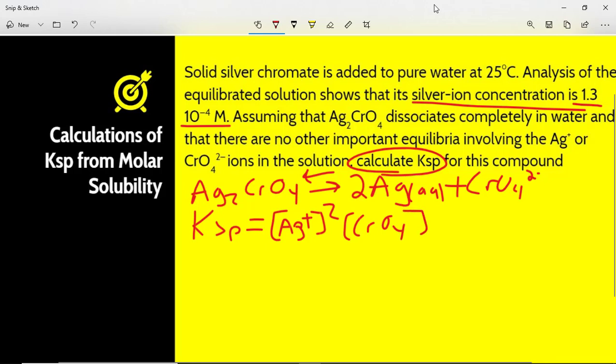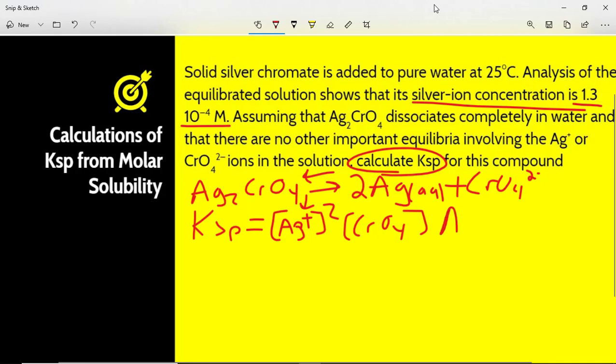Here's the thing you need to look at here. If my silver ion concentration, which is going to go here, is 1.3 times 10 to the negative fourth, then what number is going to go here? Well, because we have twice as many ions dissolving, this number is going to be half of that. We know from the chemical formula of silver chromate that there must be 2 silver ions in solution for each CrO4 2- ion in solution. So the concentration of chromate is half the concentration of our silver ions.